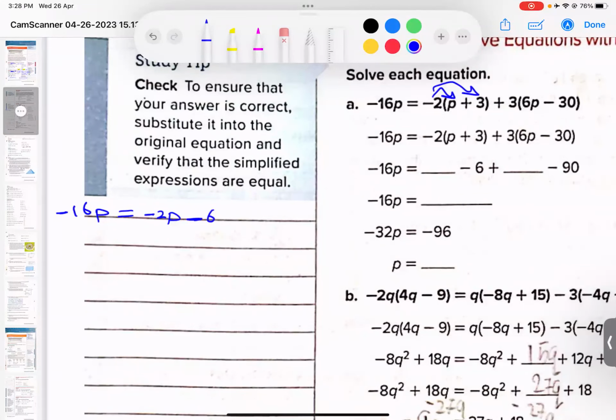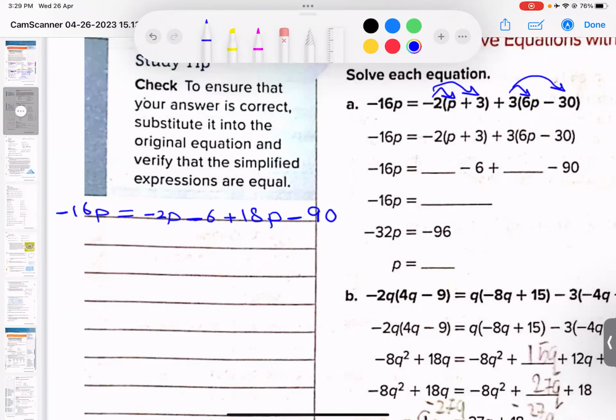So here we have 3 outside. 3 times 6 is 18p, exactly, and 3 times -30 is -90. Yeah, exactly. So this is the benefit of learning to combine terms together.